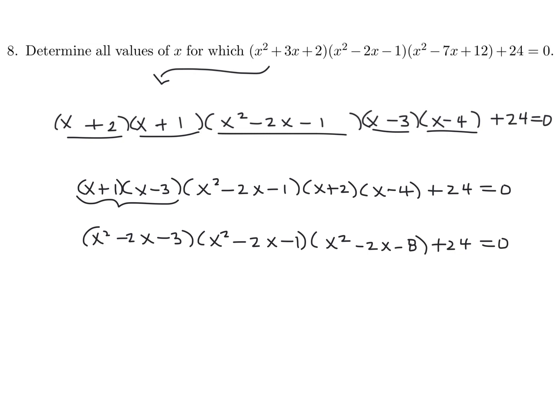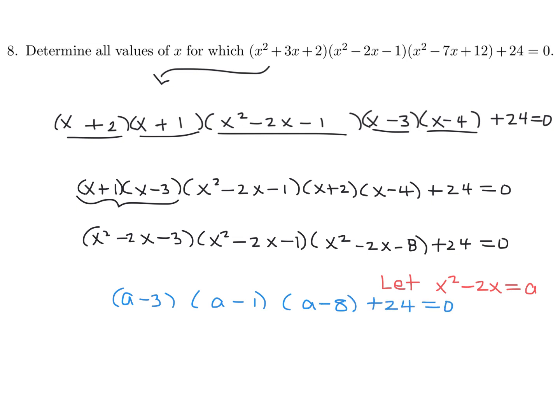So they're similar. So now we make this substitution. Let x squared minus 2x, I'll just call it a. So this now becomes (a minus 3)(a minus 1)(a minus 8) plus 24 is equal to 0.